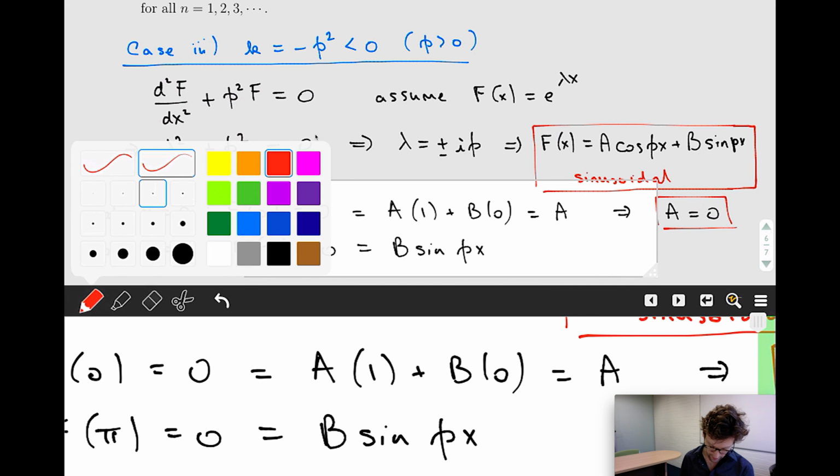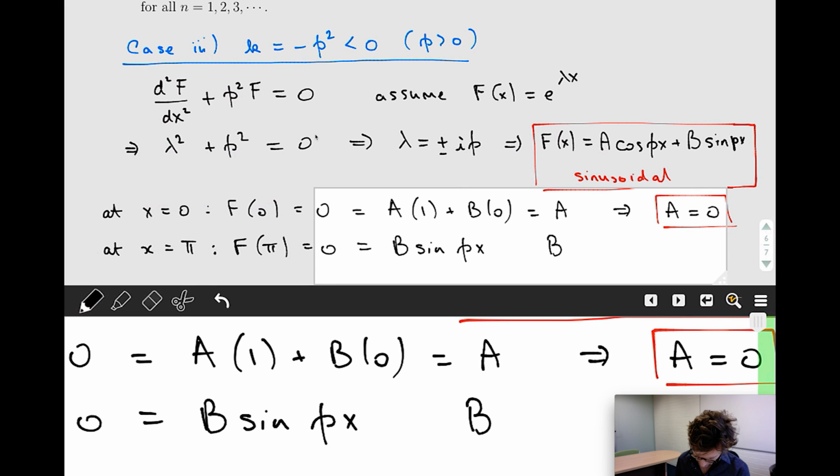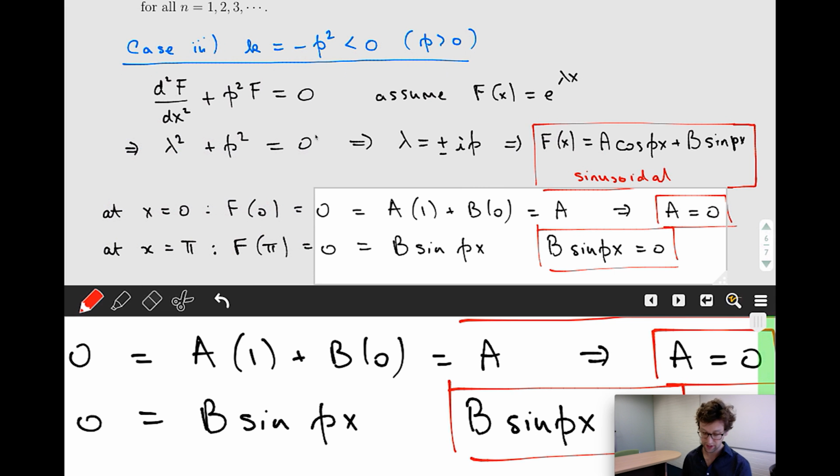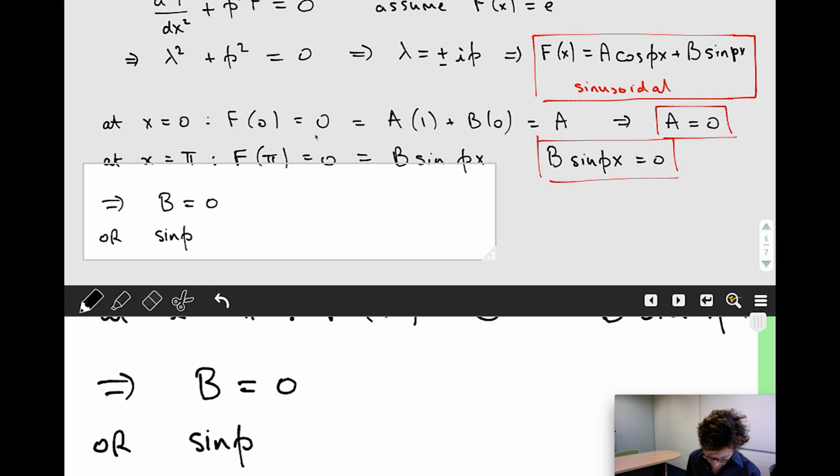So what I found here is that I have b times sine px is equal to 0. Something times something equals 0, which means that one of those things has to be 0. So there's two possibilities. Either b is 0 or sine px is equal to 0.